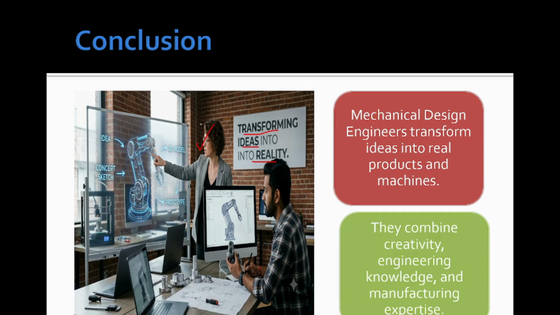Whatever idea she is thinking about, the robot 3D models, he is making it into reality, making drawings, and then finally making parts from these detailed drawings. So the summary is that the mechanical design engineer transforms ideas into real products and machines. And how does he do this? By combining creativity, engineering knowledge, and manufacturing expertise.